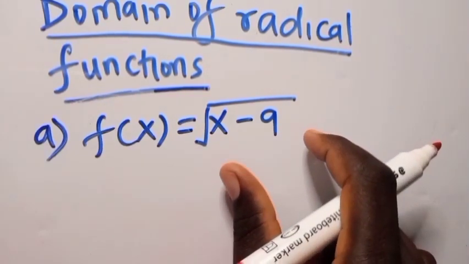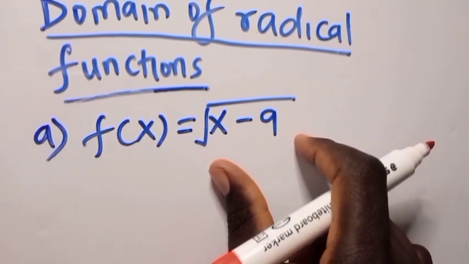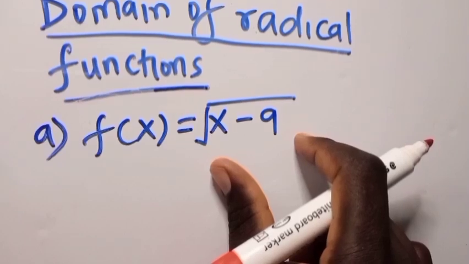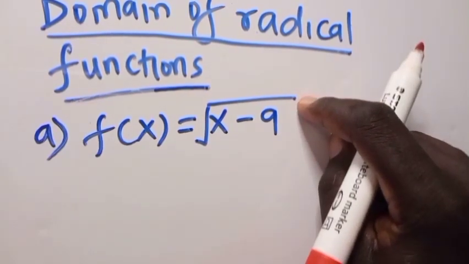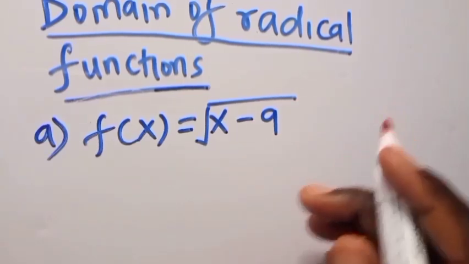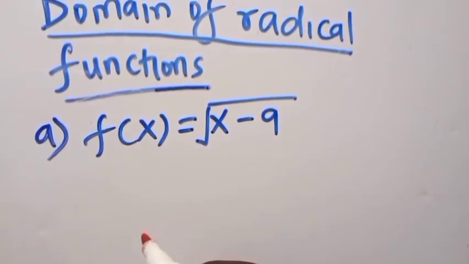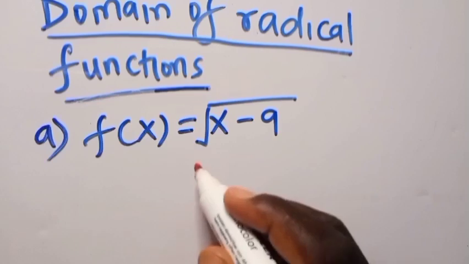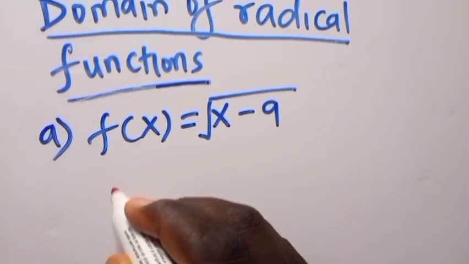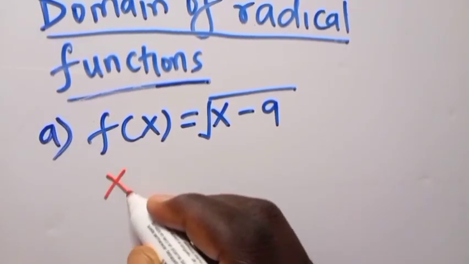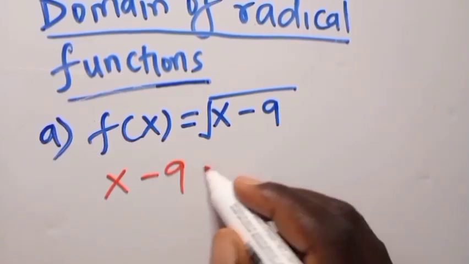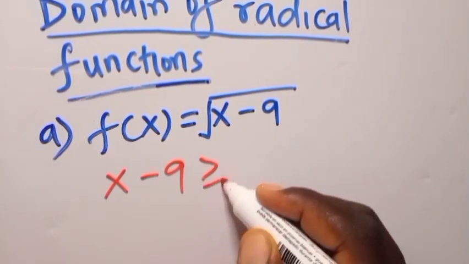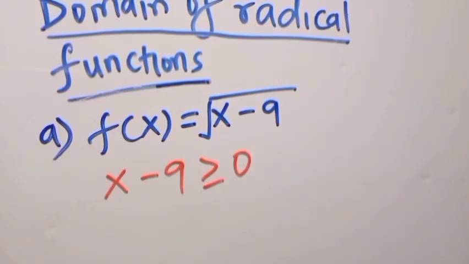The second rule says that we cannot take the square root of a negative number, and in this case, we have the root sign. Therefore, we consider the second rule, because the first rule is not applicable here. That means we take the expression under the root sign, which is x minus 9, and it should be greater than or equal to 0.